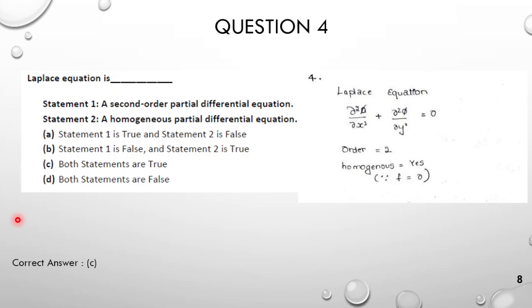It would be non-homogeneous because you have a term f, okay, which is dependent on the independent variable, that is the coordinate. So there is a term which is dependent on the coordinate, that is the volumetric heat generation term, which comes on the right hand side. So that is why it would become non-homogeneous.